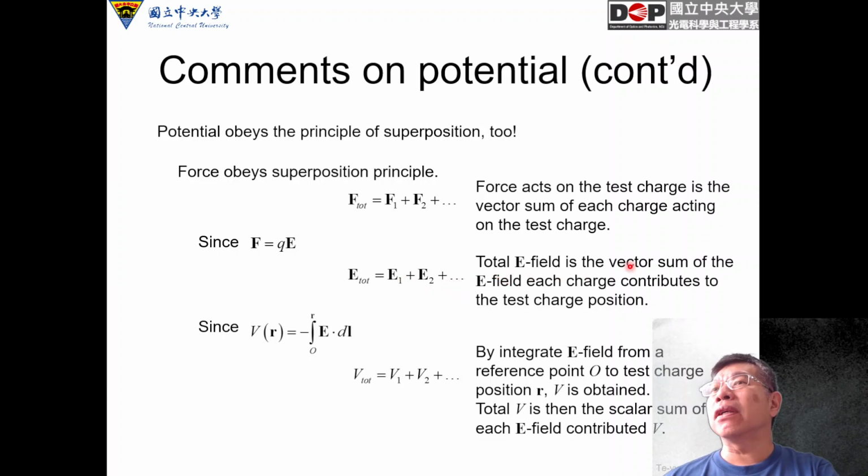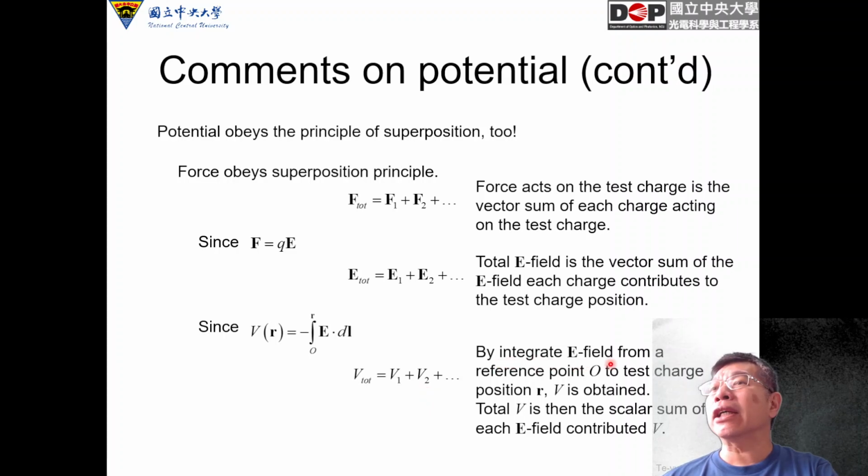So the total electric field is the vector sum of the electric field each charge contributes at the test charge position. Since the potential is simply the path integral of the electric field, we can still have the same thing. So the potential also satisfies the superposition principle.